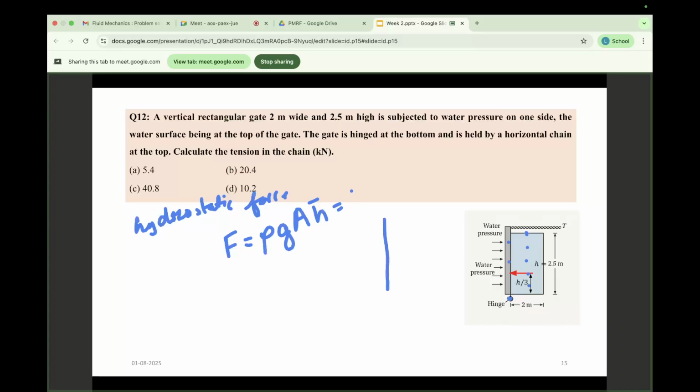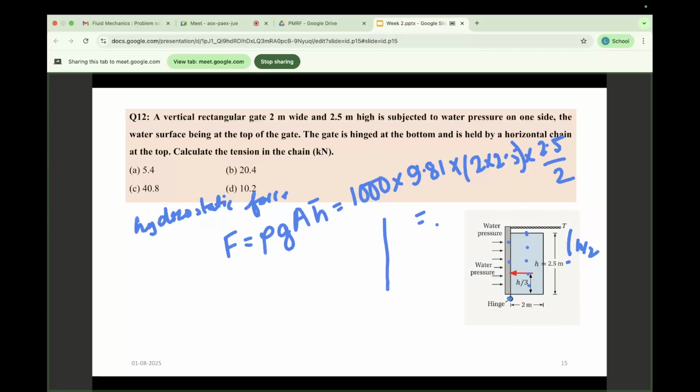So what is rho? Rho here is 1000 and G is 9.81. Area, it is given 2.5 into 2. So I can write it as 2.5 into 2, and H is the centroid depth. Total is 2.5, so centroid is in the middle, that is H by 2, that means 2.5 by 2.